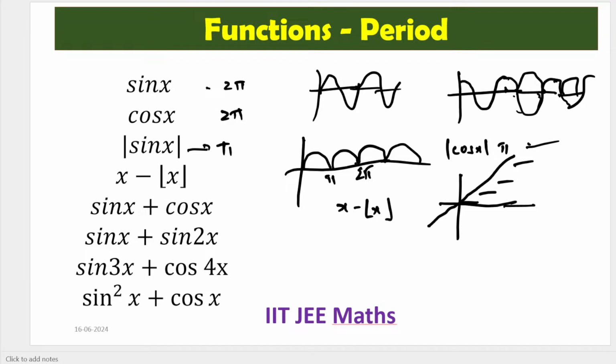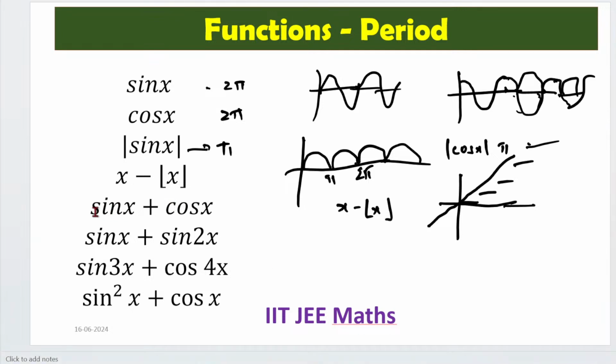Next, sin x plus cos x. What does that mean? Sin x is repeating itself after every 2 pi units. Cos x is also repeating itself after every 2 pi units.